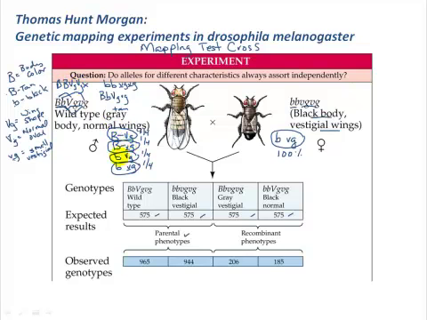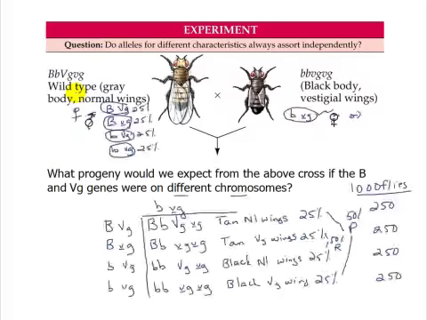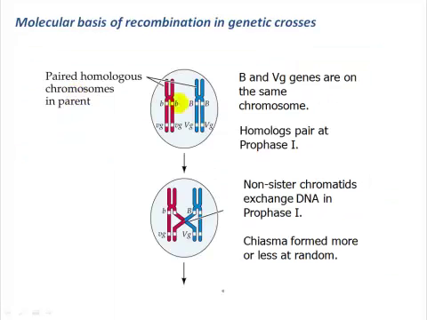the same chromosome. And the reason that it's less likely for us to have recombinant phenotypes is because those two genes are physically located on the same piece of DNA, and in order to separate those alleles from one another, we have to have a recombination event between them that separates them, right?